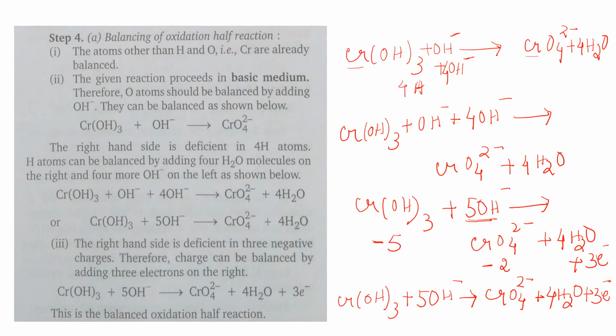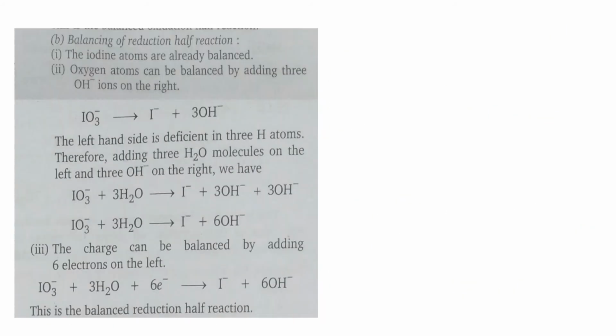Okay, now I have to balance the reduction half reaction. Now reduction half reaction is IO3- is giving you I-. Now I is already balanced. See for oxygen. Here we are having 3 oxygen in the left hand side. Don't forget that the reaction is moving in a basic medium.